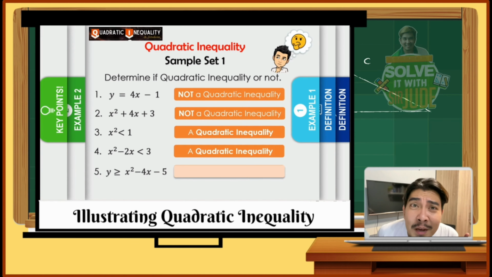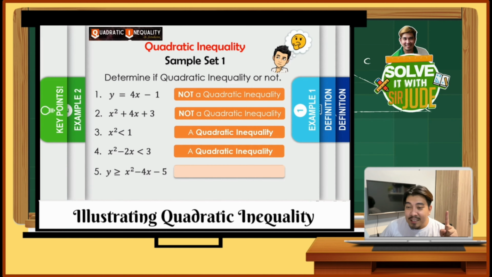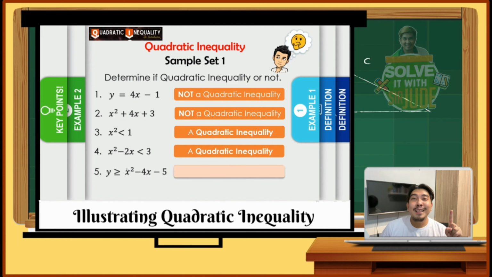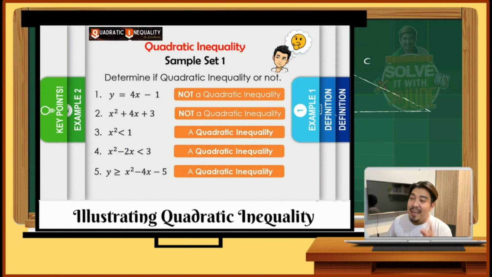May quadratic term ba siya? Meron. So that is x squared. Next, may inequality symbol ba siya? Meron din. So therefore, we can now say that this statement in number 5 is a quadratic inequality.